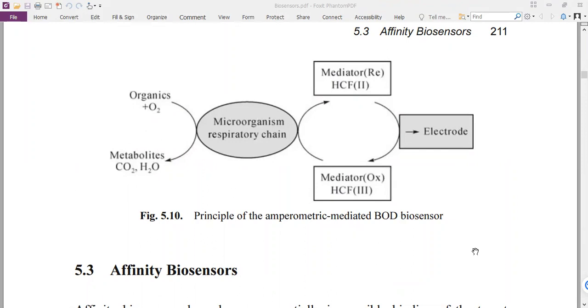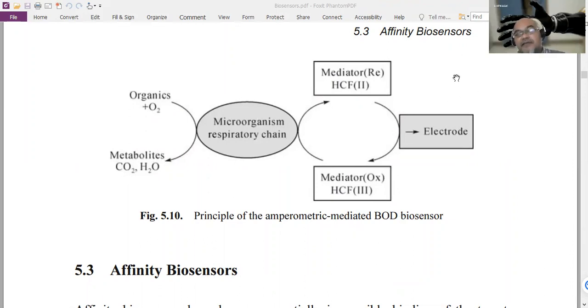So mostly they consist of two types of biosensors. This is the conventional biosensor, either using enzymes, what we call enzyme biosensors, or microorganisms like bacteria, fungi, also plankton. And this is what we call a microorganism sensor.